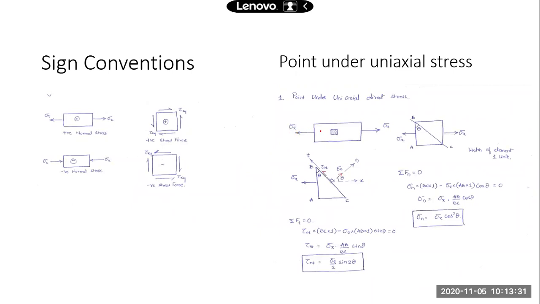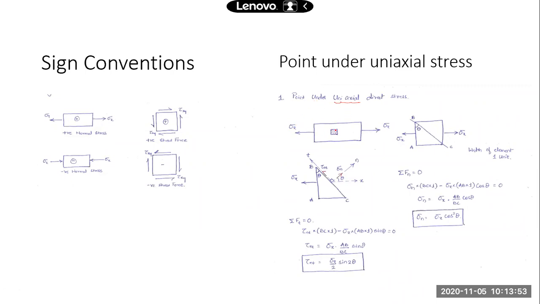This is a bar subjected to axial stresses; I have considered axial tension. It is only along one axis, uniaxial. I have shown the stresses which are developing in the bar.